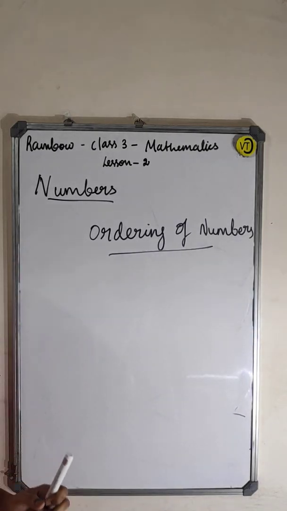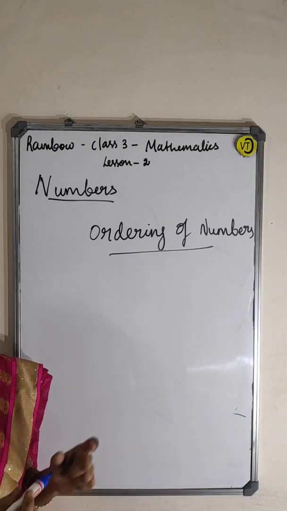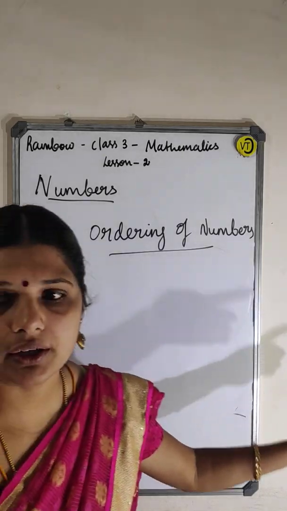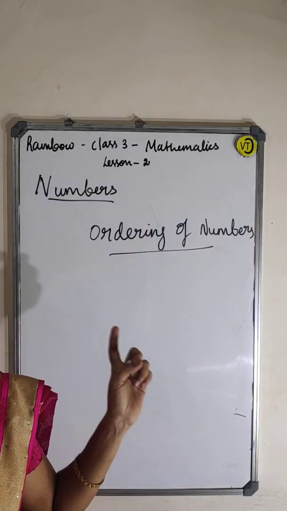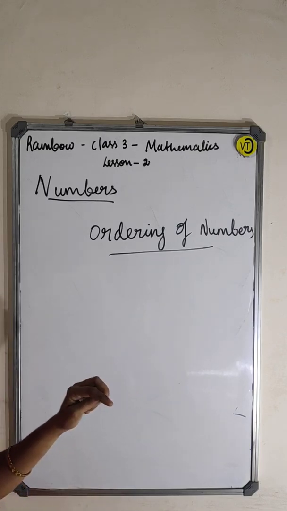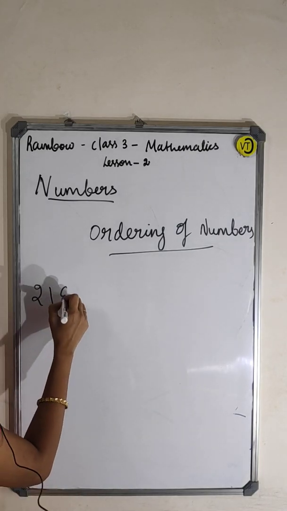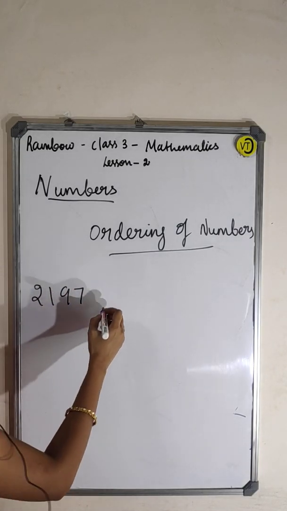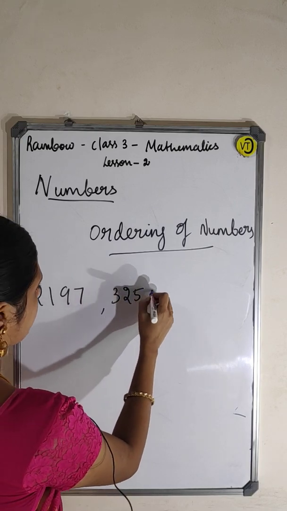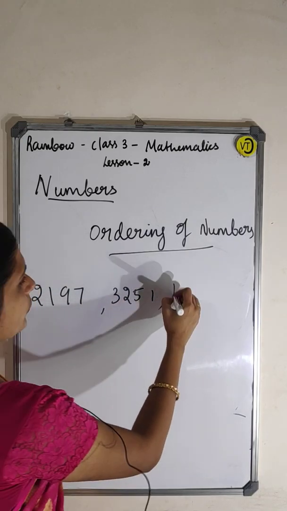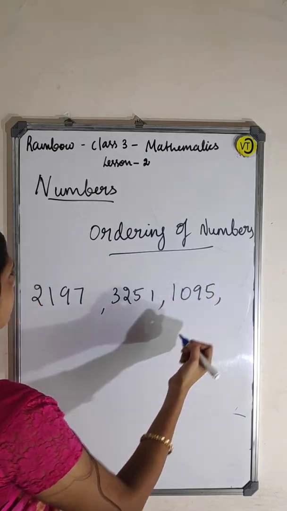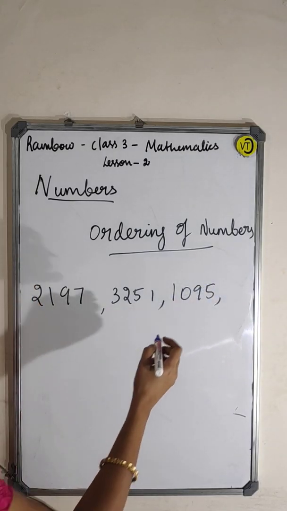Now I am going to tell you, arrange the numbers in the ascending order. Arrange the numbers 2197, 3251, 1095, 2196.